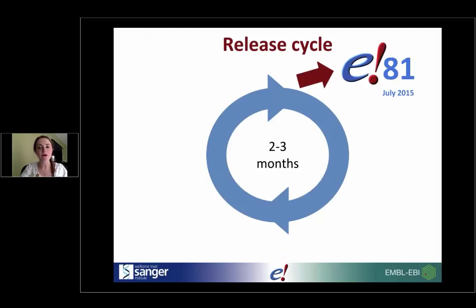We have what we call a release cycle, which is why we're giving this webinar today. So in July, we released Ensembl 81. And we've now most recently released Ensembl 82. Our release cycle is around 2 to 3 months, and it involves incorporating all of the new updates to the data and the software that we have.